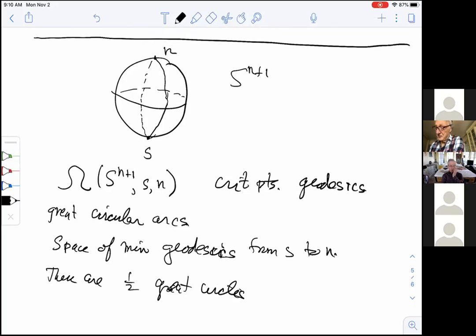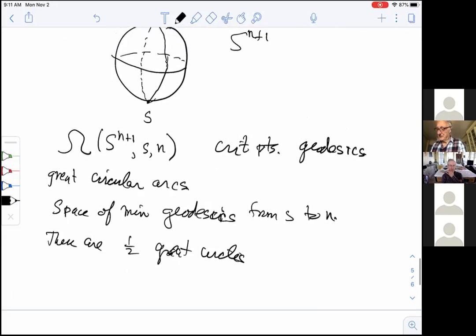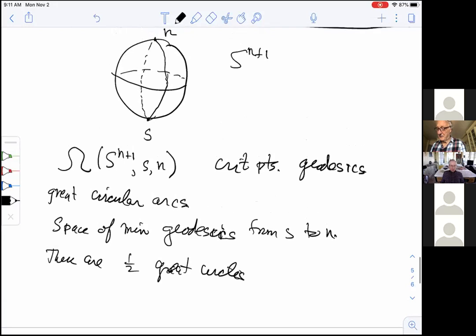The half great circle will have half the circumference of any great circle. The next shortest length geodesic would be to continue that back to the South Pole and come back to the North Pole. So it would be 3 times as long, and then 5 times as long, and 7, and so on. So the minimal geodesics are great half circles.